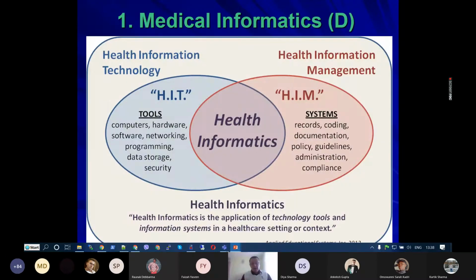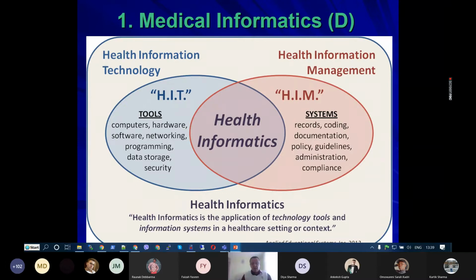And a few more narrow definitions, for example, from 2012, where the terminology even altered from medical informatics to the more generalized health informatics, of which health informatics is the application of technology tools and information systems in healthcare settings or context.